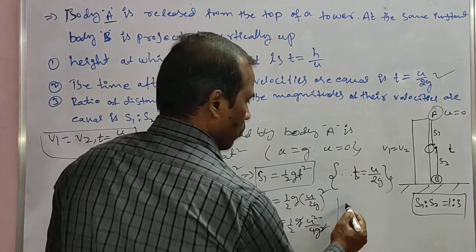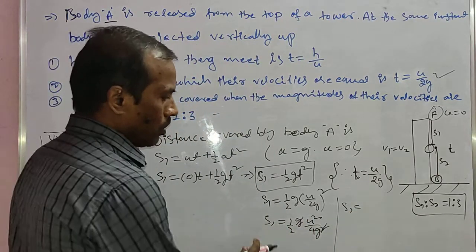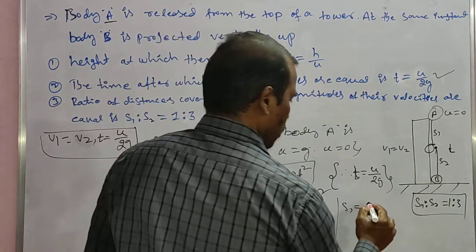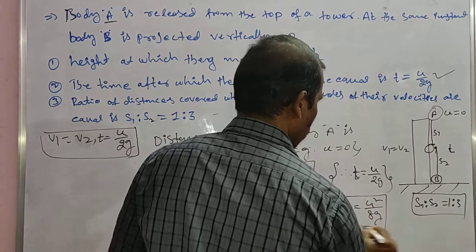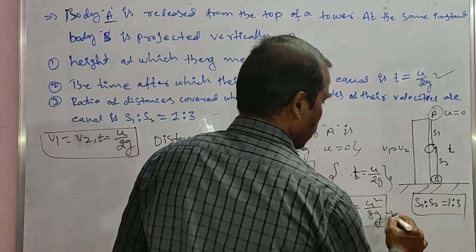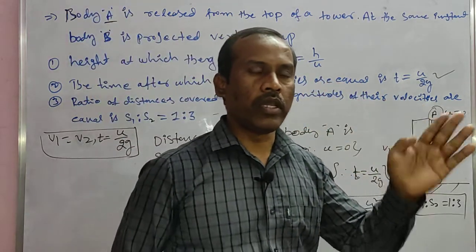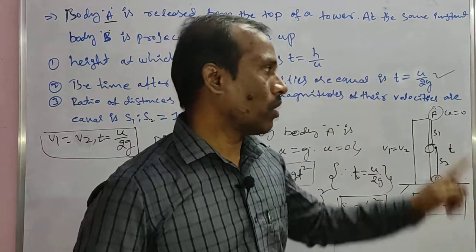So S1 is equal to u square by 8g. This is equation 1. S1 is the distance covered by body A to reach the O point at any instant t.